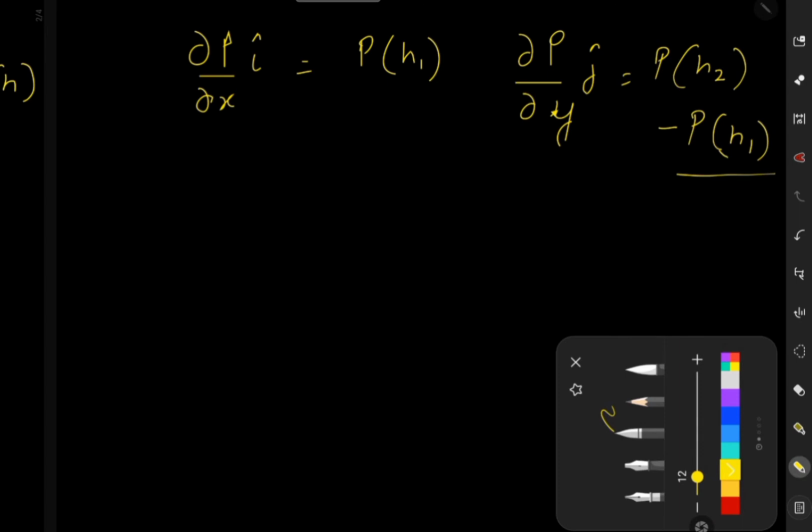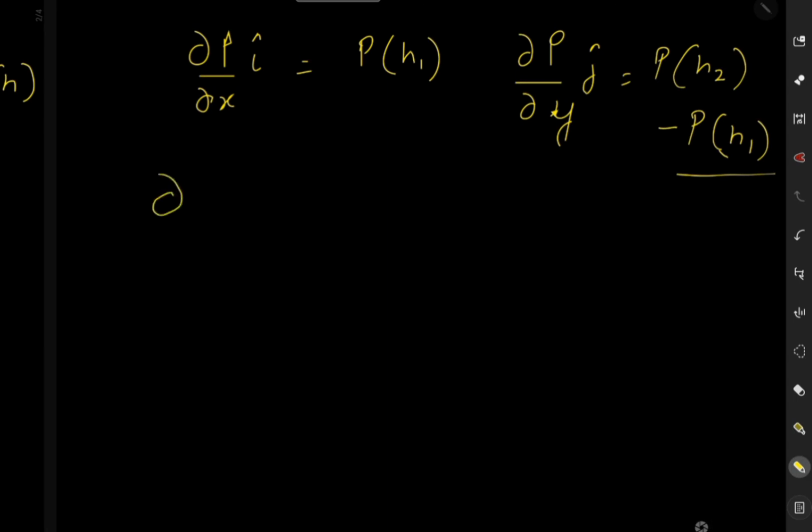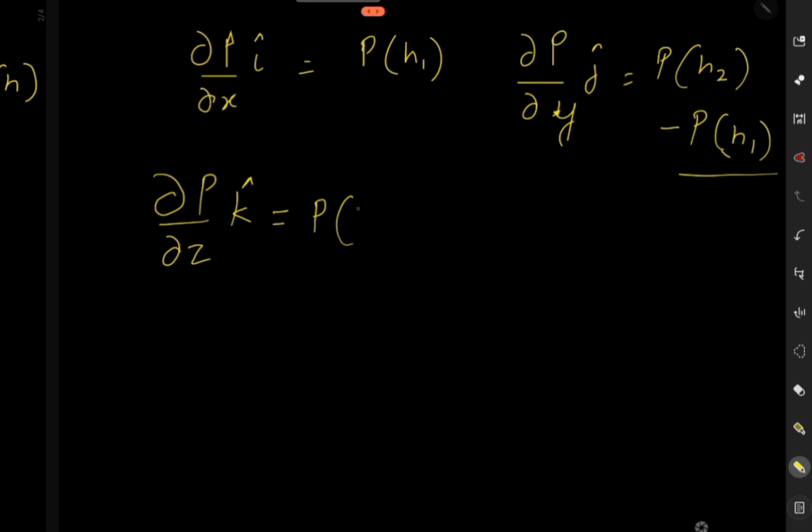We have reached now at P(h2). From P(h2), if we move further in z direction, k direction, the further gain in potential will be P(h3) minus P(h2), because we are starting from P(h2) now.